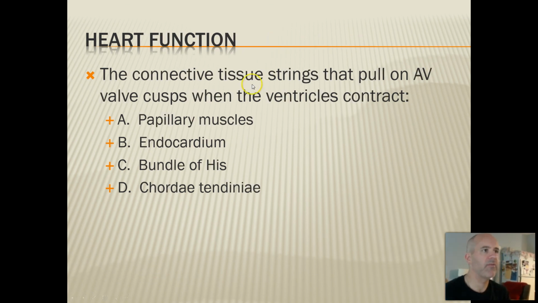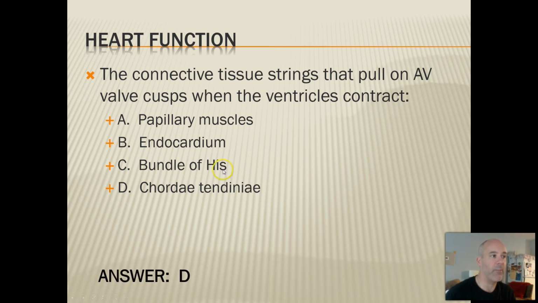Okay, what are the connective tissue strings that pull on the AV valve cusps, your atrioventricular valves, when the ventricles contract? And what are your 2 AV valves? Hopefully you're thinking bicuspid and tricuspid. All right, and when the ventricles contract, what are the strings called? Hopefully you're thinking chordae tendineae.